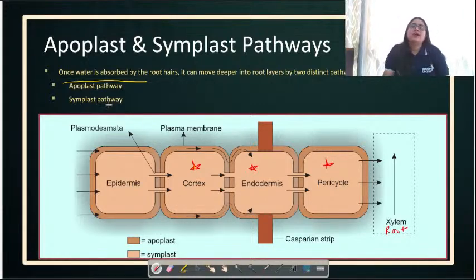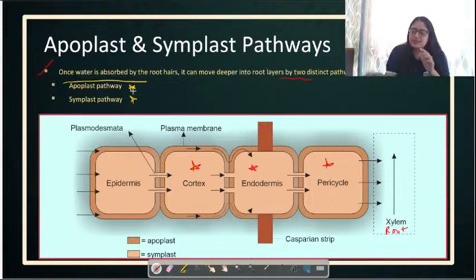So what the NCERT is trying to say is that once the water is absorbed by the root hairs, it will move deeper into the layers. That means it will cross the cortex, endodermis, pericycle, etc. by two distinct pathways, that is apoplast and symplast.